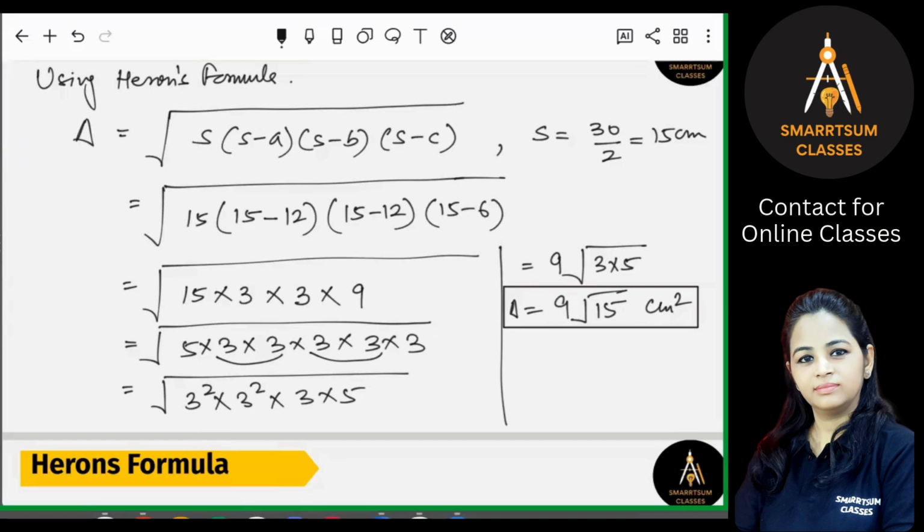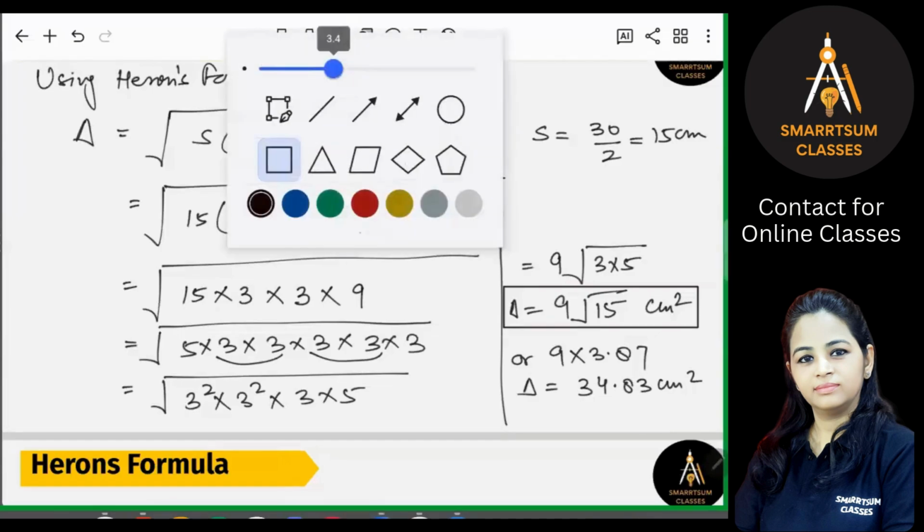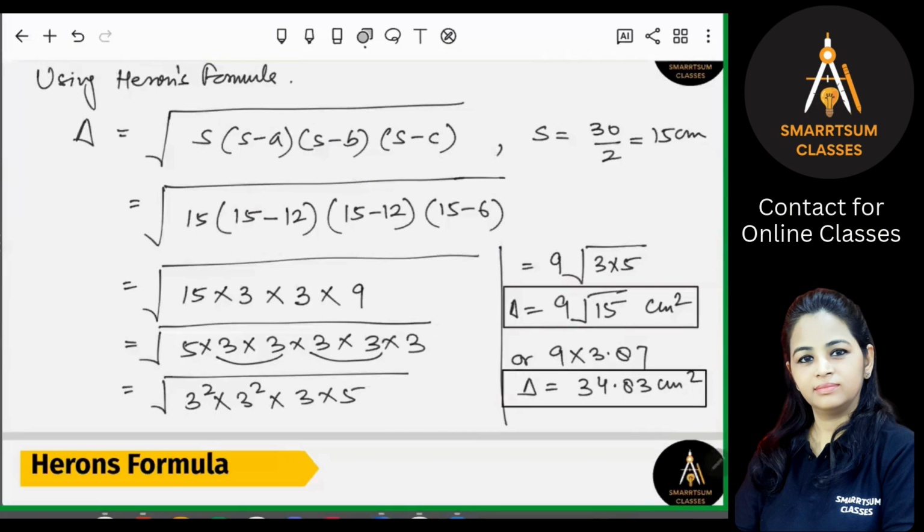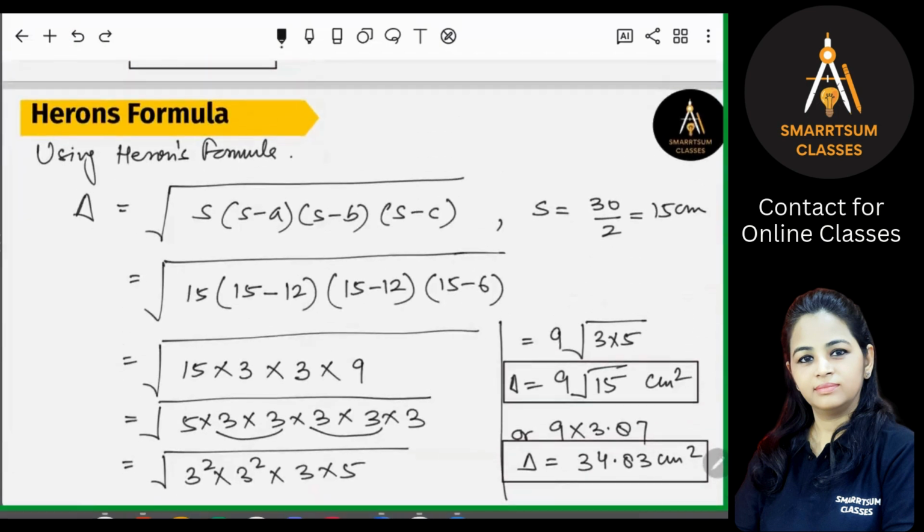It is approximately 3.87, so you can write it like 9 into 3.87, which is approximately 34.83 centimeter square. However, if you keep this in this form, then also it is correct. So I hope now you have understood how to use Heron's formula to find the area.